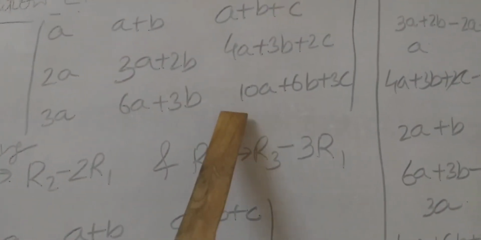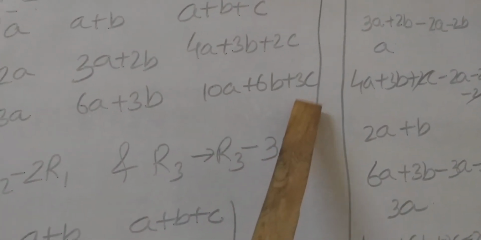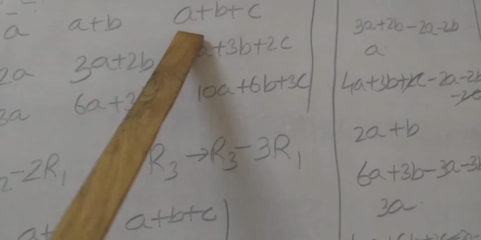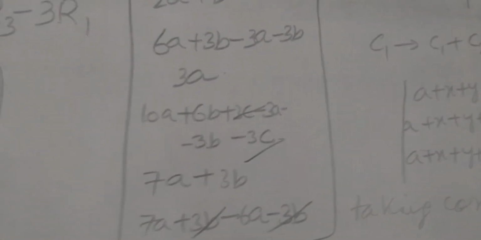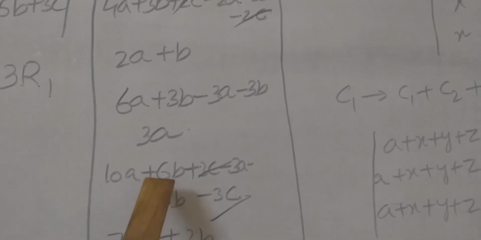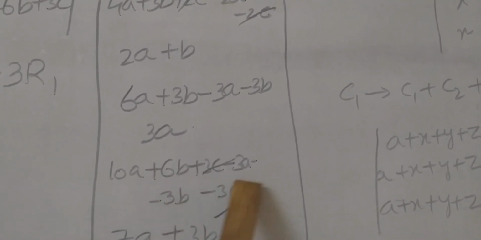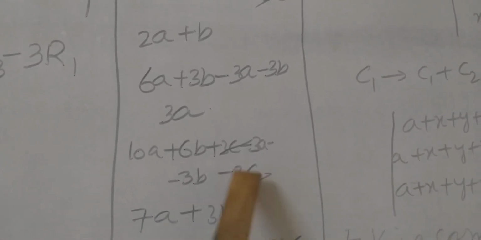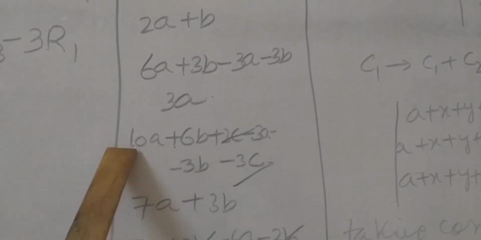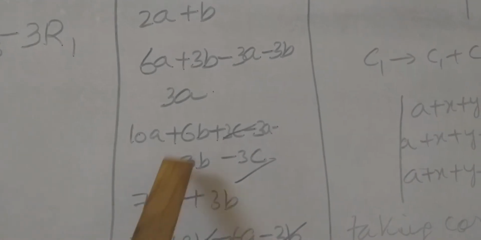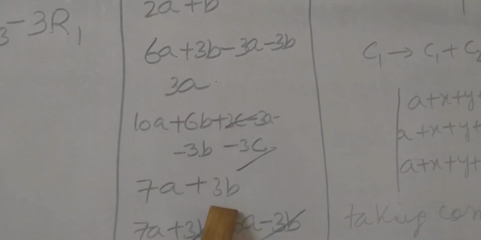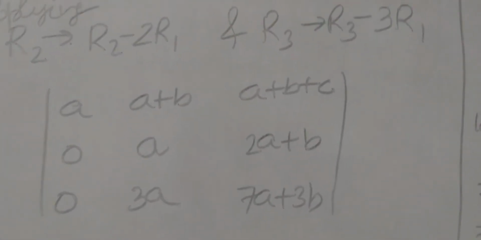Now last, students, 10A plus 6B plus 3C minus 3A plus 3B plus 3C. When we open the bracket, the sign will be changed. So 10A plus 6B plus 3C minus 3A minus 3B minus 3C. 3C cancels, 10A minus 3A is 7A, 6B minus 3B is 3B. That's why I have written this.